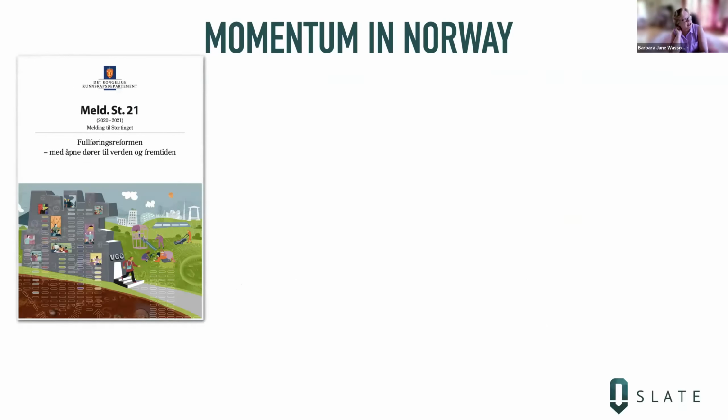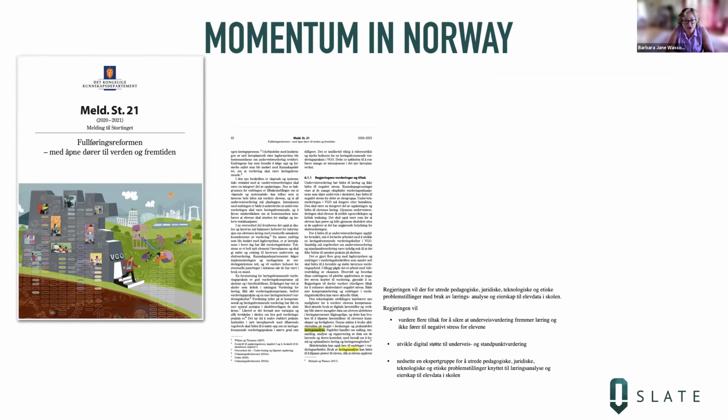The other thing we see at the school level is that there's a number of white papers that are coming from the government. This one is on helping people get through school, to make sure that we don't have people dropping out of high school and retaining people. And the interesting thing in this white paper is they refer to Camilla's and my systematic review that I've shown you some of the results from.